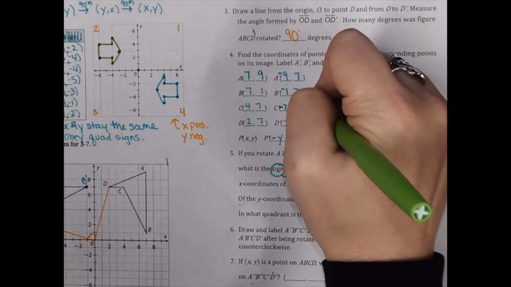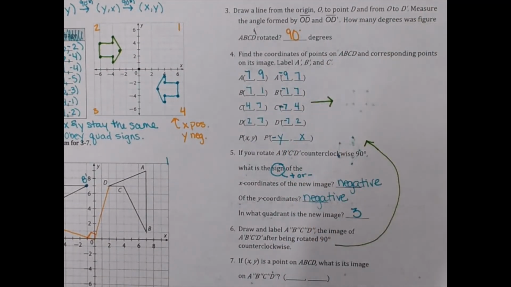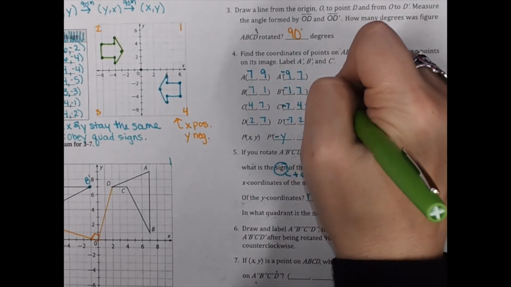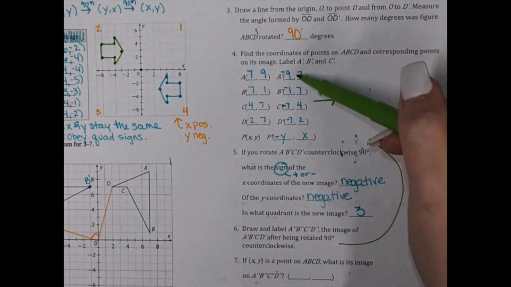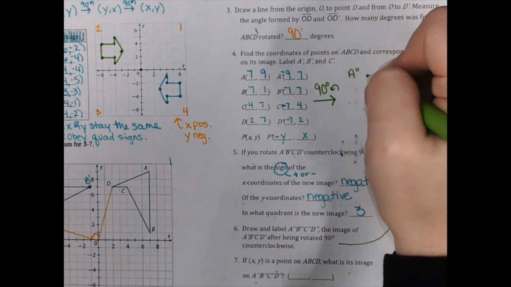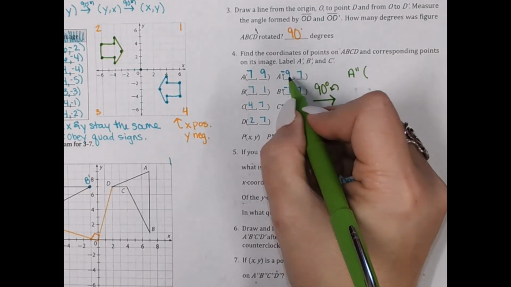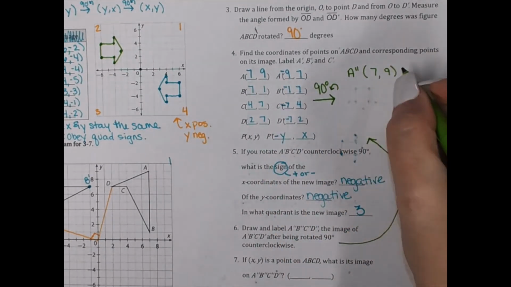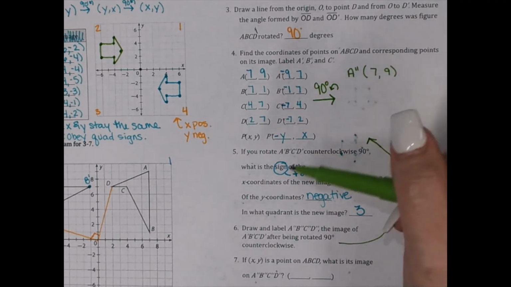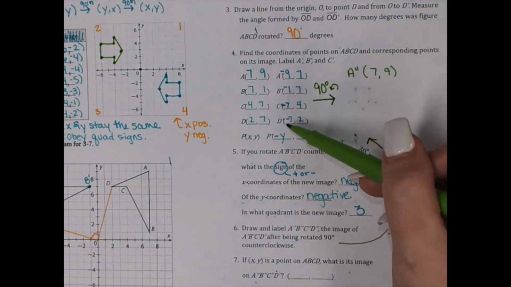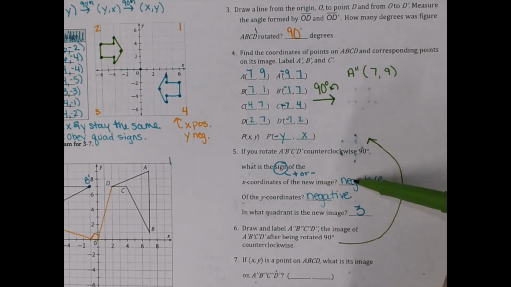And so if we do another rotation of 90 degrees, and we're using these points, that means A double prime. Remember, we want to switch those X and Y's, so 7, 9, and then obey the quadrant signs. And we've already talked about that if we rotated these points another 90 degrees, the X coordinate would be negative, the Y coordinate would be negative.